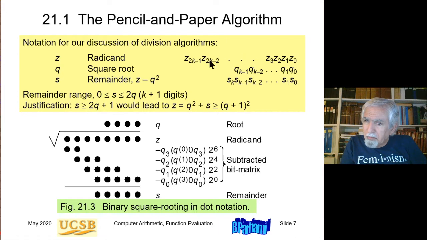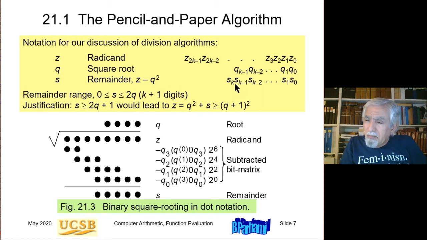The square root of z is a k-bit number, q. And there's a remainder in case z is not a perfect square, talking in terms of integers at this point. So if z is not a perfect square, the square of an integer, then there will be a remainder, which is z minus q squared.